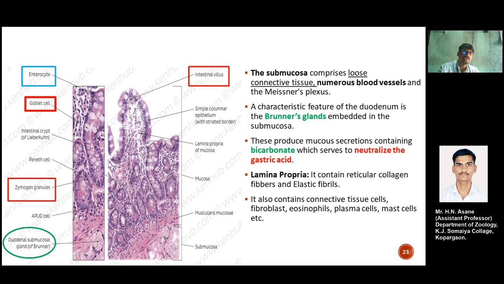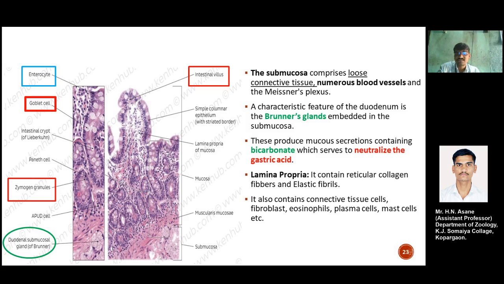This is a TS of the duodenum at medium magnification, stained with HE stain, hematoxylin and eosin, at medium magnification.